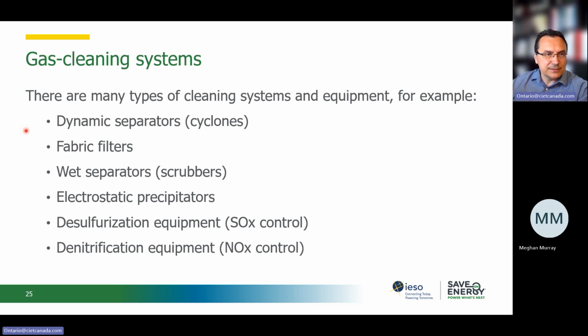Dynamic separators, fabric filters, wet separators, electrostatic precipitators, SOx control, NOx control: all these are types of treatment for the exhaust so that we can reduce the amount of pollutants we release in the environment. But we reduce the amount of contaminant in the space by exhausting this outside.